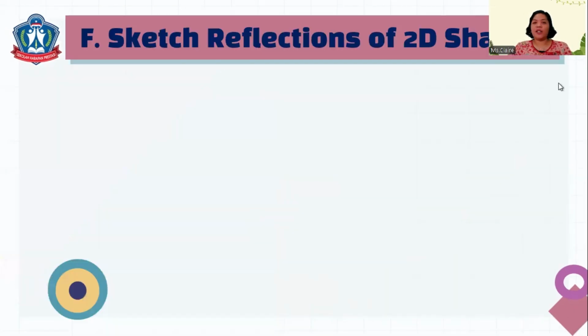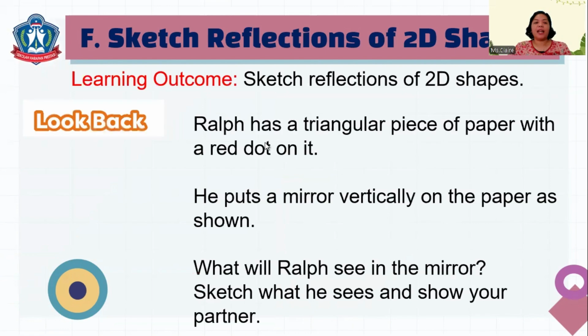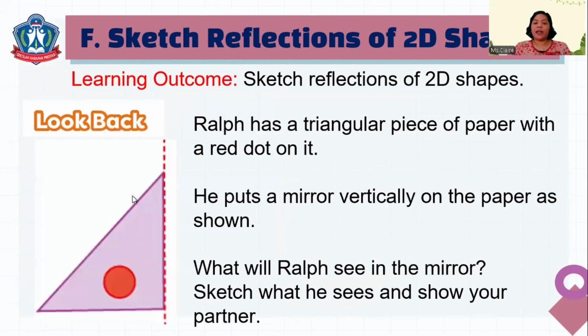Now let's continue with lesson 6, sketching reflections of 2D shapes. Rob has a triangular piece of paper with a red dot on it. He puts a mirror vertically on the paper as shown. What will Rob see in the mirror? Can you sketch what he sees and show that to the class?